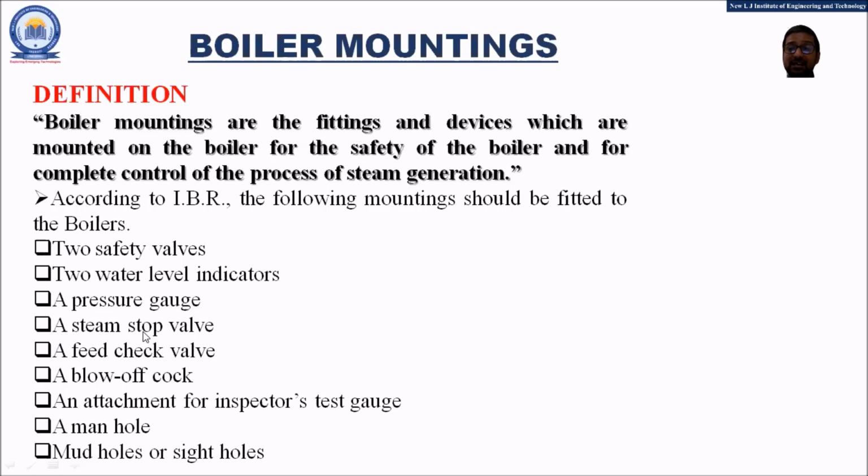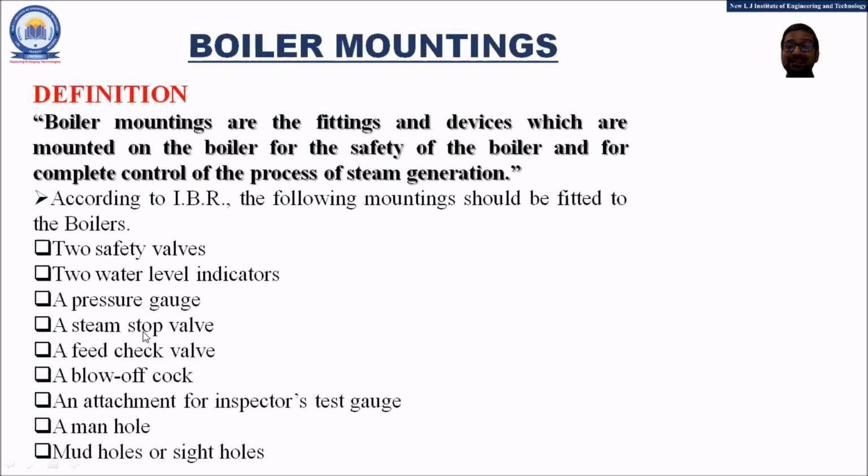So during the inspection, the person can easily check from this attachment some of the important parameters related to the boiler. And the next one is the manhole. The final one are the mud holes or the sight holes.